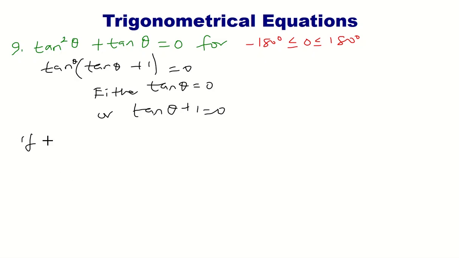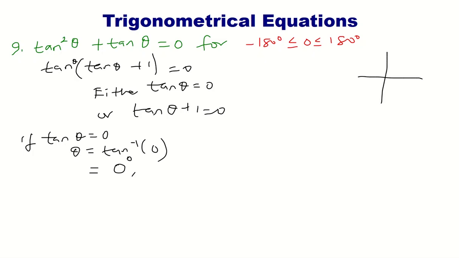So if tan theta equals 0, let's find the values of theta that we expect. Theta will be equal to tan inverse of 0. When do we have tan as 0? The first acute angle that we expect is 0. So our first angle is 0. Let's examine using the quadrants.